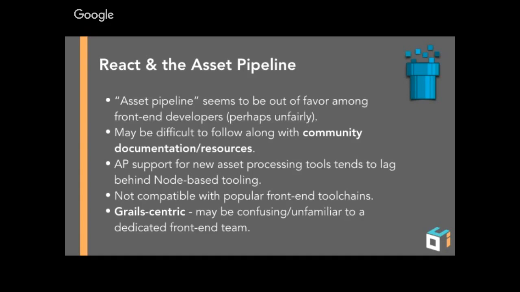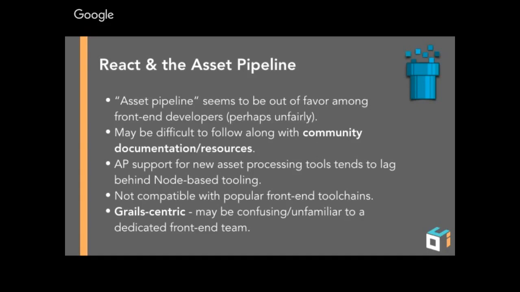And it's very Grails-centric, which is both a good thing and a bad thing depending on the makeup of your team. If you have a separate front end team that specializes in Node or that sort of development environment, the asset pipeline is likely not going to be very popular there. But if you are a Grails team and you want to use React or Angular or these other front end frameworks, and Grails and the asset pipeline are what you're accustomed to and want to use, then this is a great option.